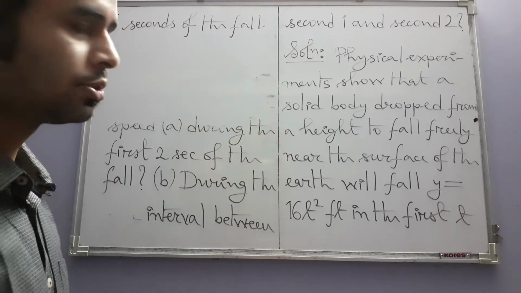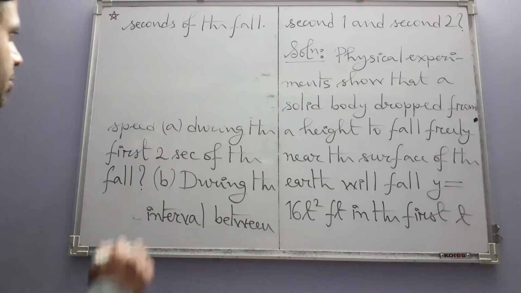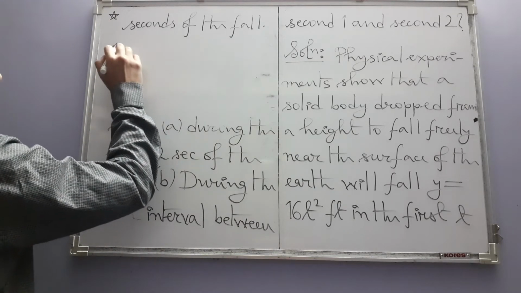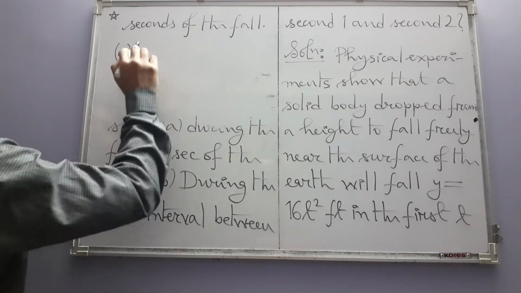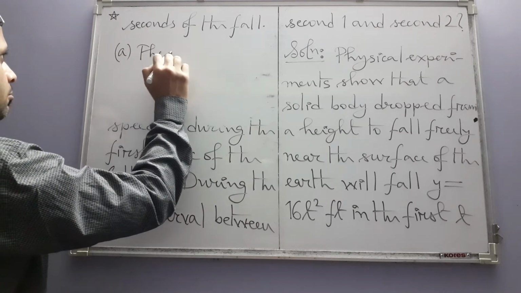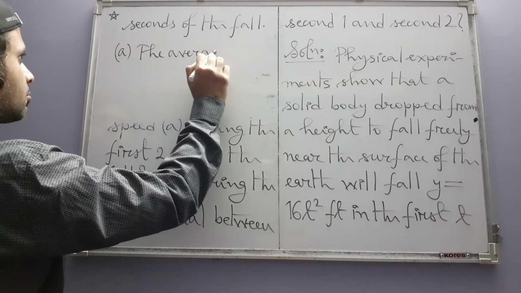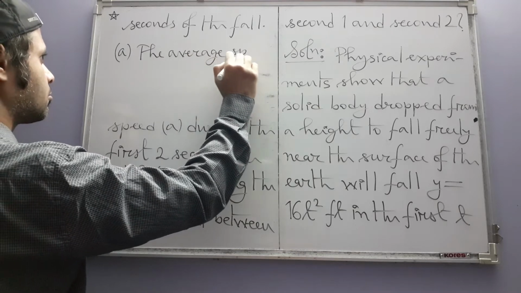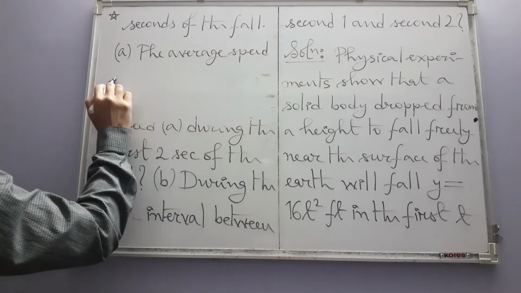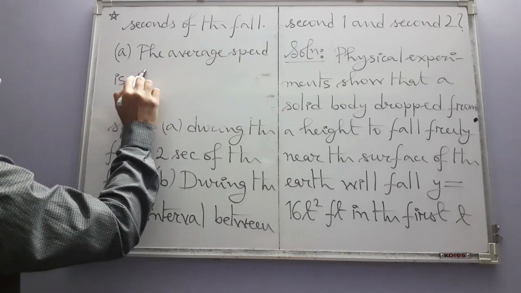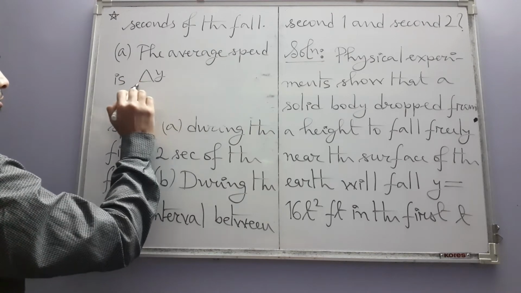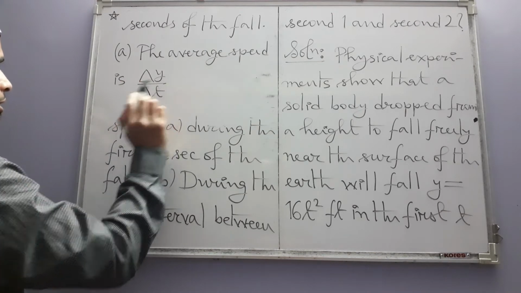So in part A, the average speed is delta y divided by delta t.